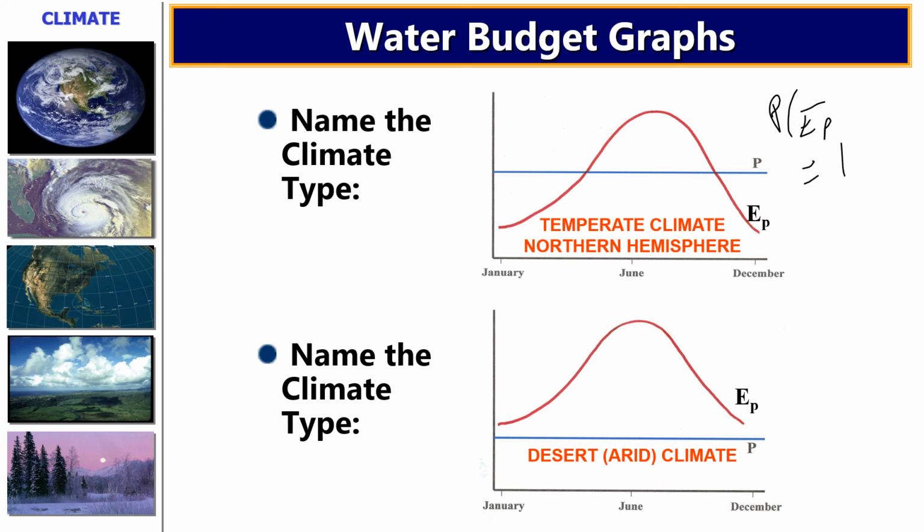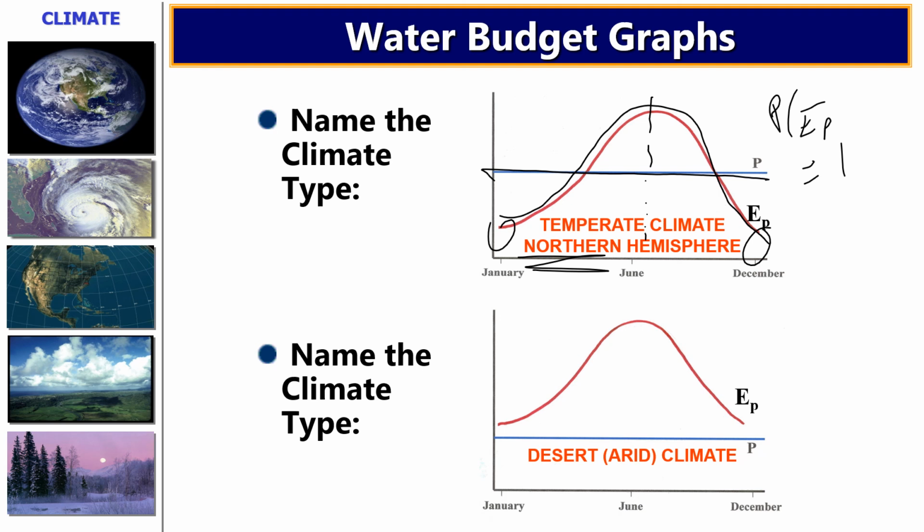The reason for that is we have a fairly steady amount of precipitation. We have months where we have very little evaporation, months where we have a lot of evaporation. So it's going to about equal out. So that gives us temperate. I know it's in the northern hemisphere because I'm warm around June, July, August, and I'm cold in January and December. Southern hemisphere would look like the opposite.